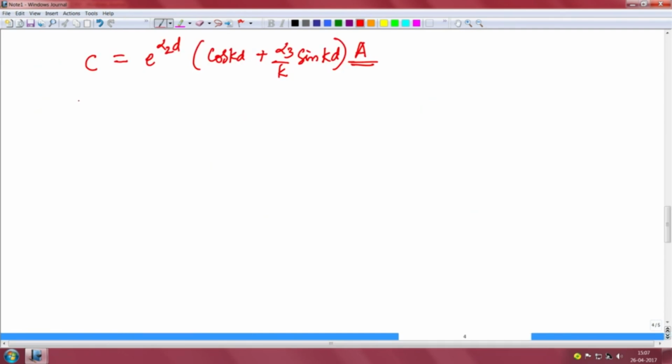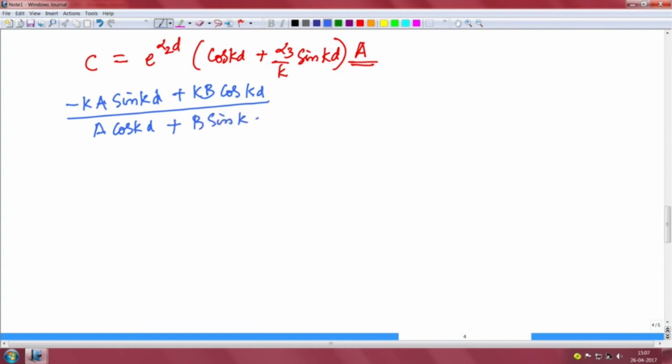Minus k a sin kd plus k b cos kd, divided by a cos kd plus b sin kd, equals minus alpha 2 c e power minus alpha 2d divided by c e power minus alpha 2d.